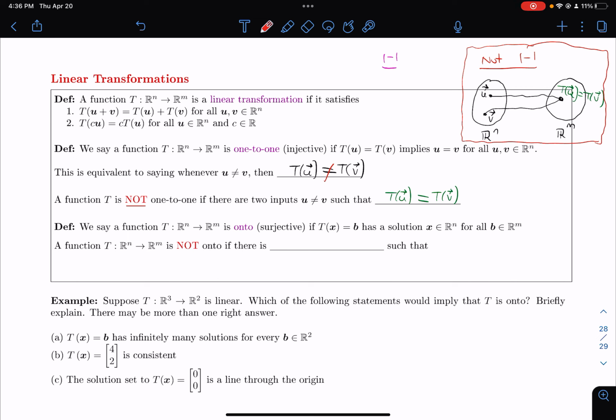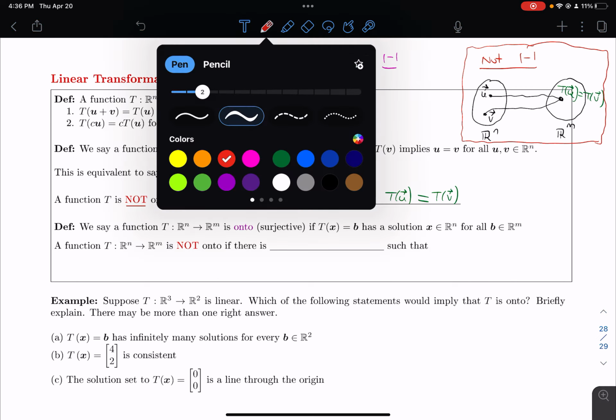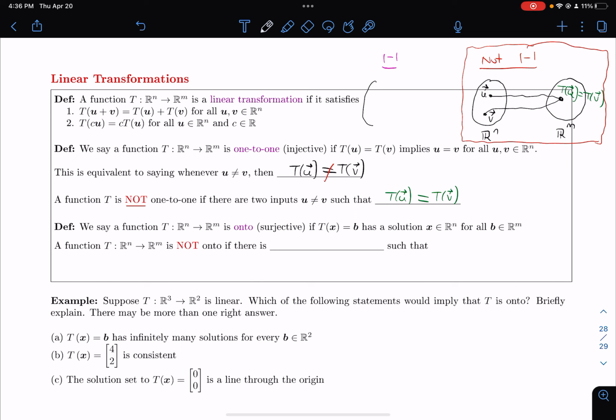So then what is the picture of a one-to-one function? If I draw my domain Rn, and I draw my codomain Rm, something that's one-to-one would have the property that if I look at all the input vectors, there are going to be infinitely many, but they need to have different output vectors. So whatever the output of this one is, that's got to be different from the output for this next vector, and that's got to be different from the output of this next vector, and from the output of this next vector.